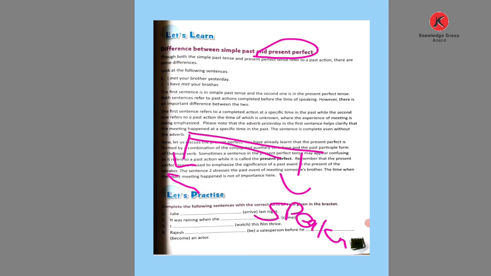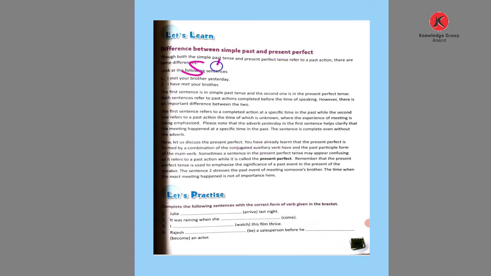In the simple past tense we use the structure subject plus past verb, then object plus other words. But in the present perfect, what do we use?